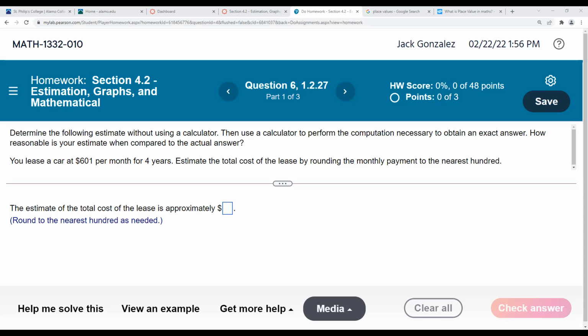So calculator time. I didn't estimate it this time, but it should be about 958. Anyway, they'll have a lot of questions like this.